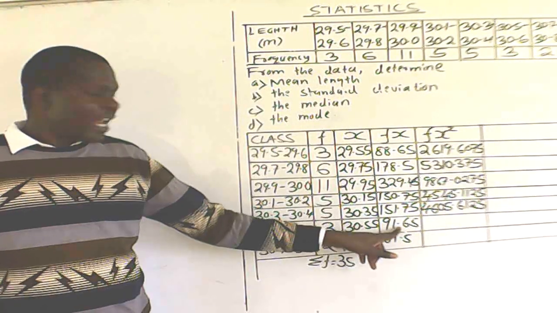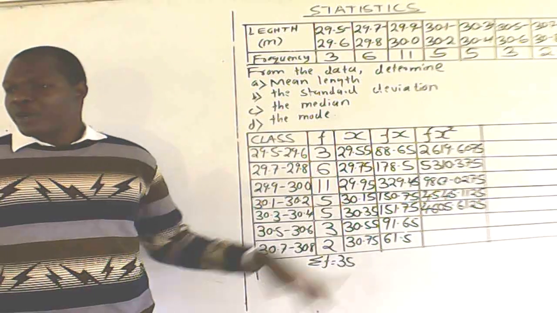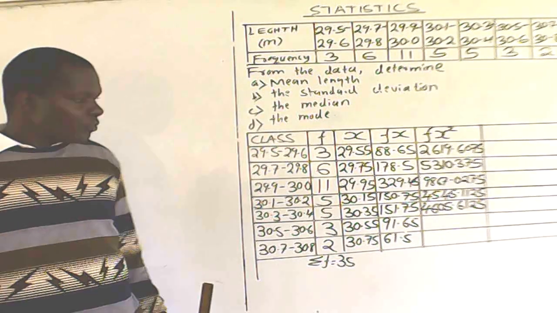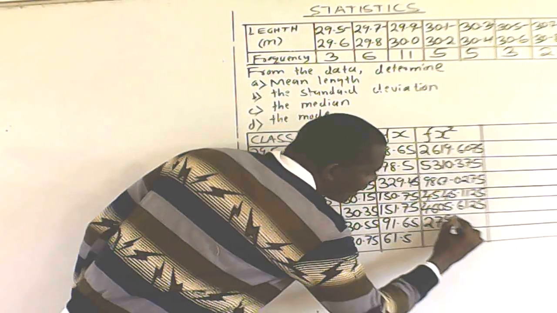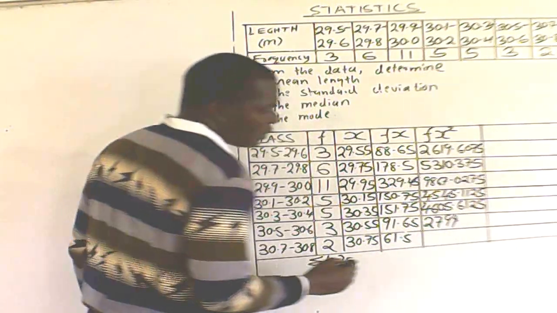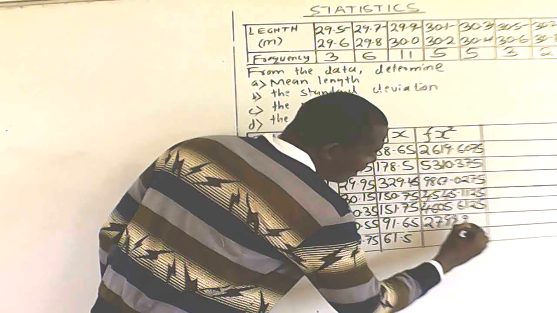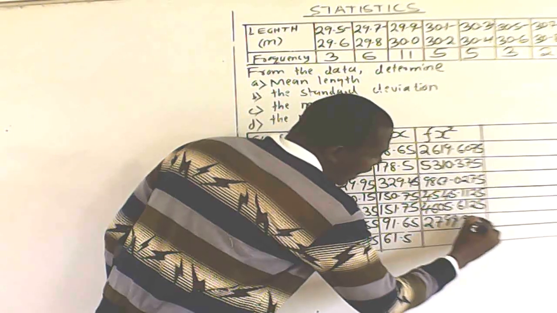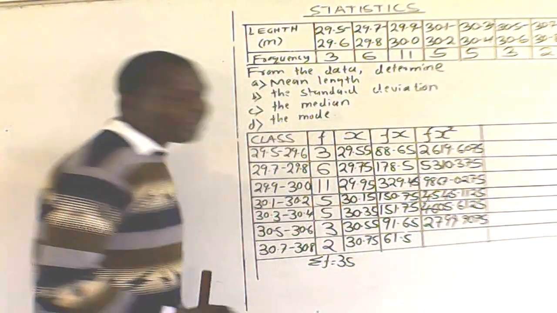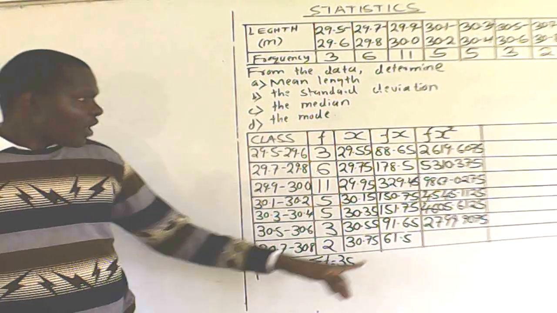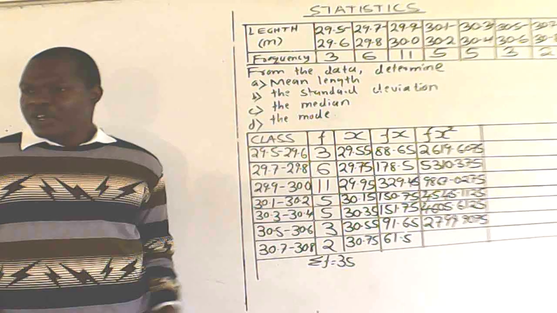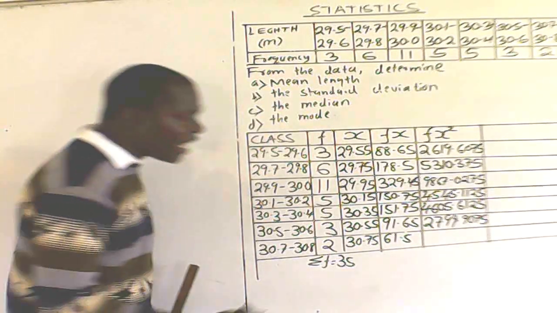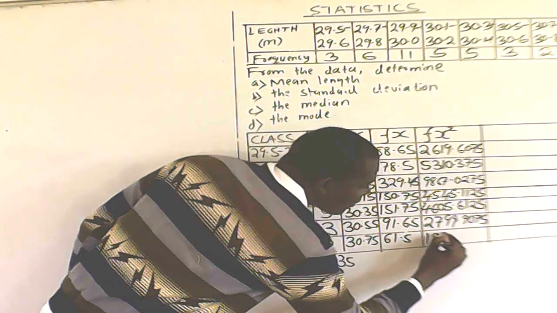Then the next 91.65 times 30.55, 907.75, isn't it? And you move to the next one, fx times x, 1161.5 times 30.75, 1891.125, isn't it?